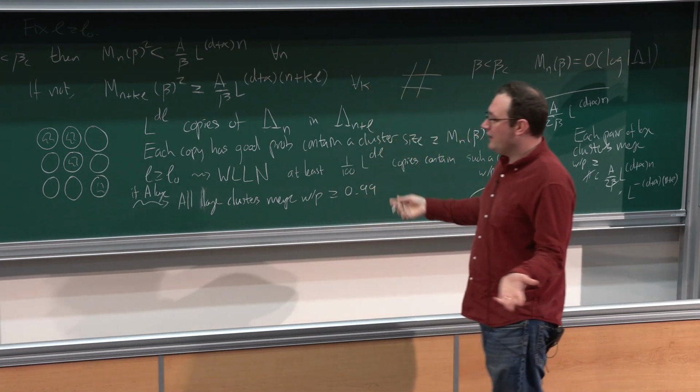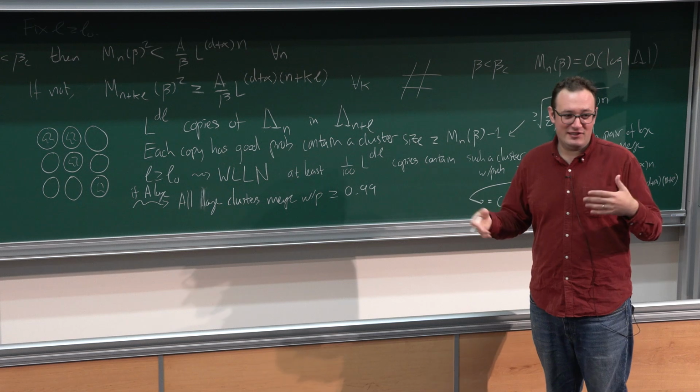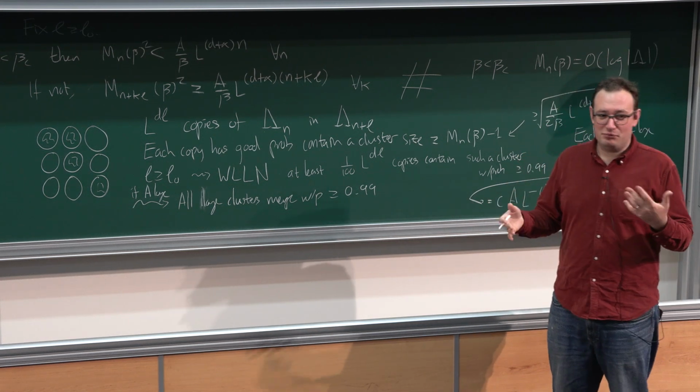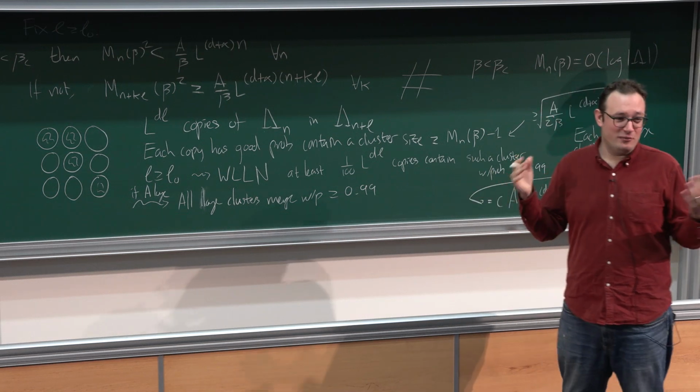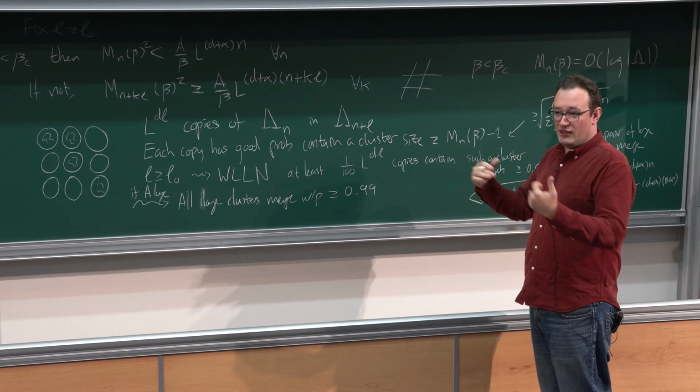Just so in the end, we'll do a union bound over the bad events, and the bad event will have probability much smaller than 1 over E or 1 minus 1 over E or whatever it is, so it will give us a bound on the median.